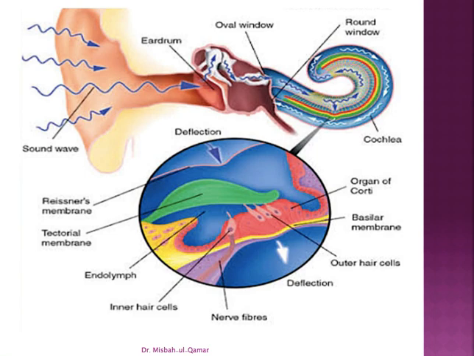And the final bone in this ossicular chain is stapes. The movement of the stapes at the oval window establishes pressure waves in the perilymph, which is present in the vestibular duct, which I told you in the previous lecture.